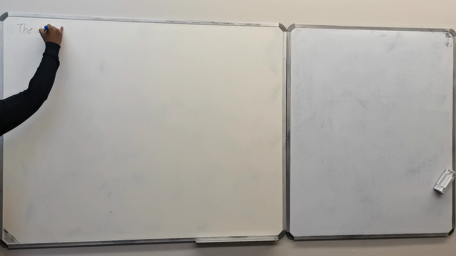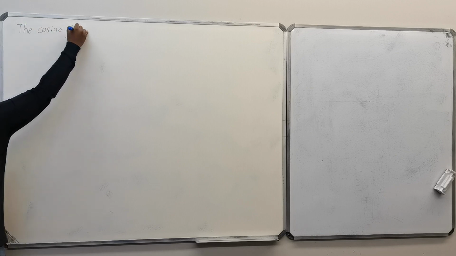So now we're looking at the cosine graph. In terms of yesterday, what we did with the sine graph, do we understand it, right? Your A term is your amplitude.